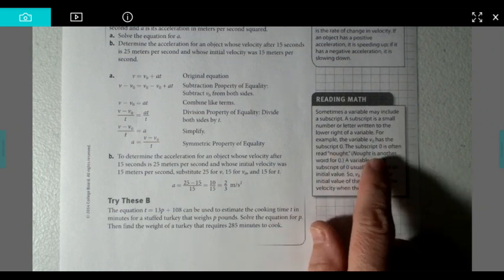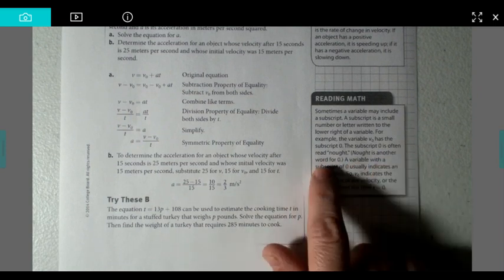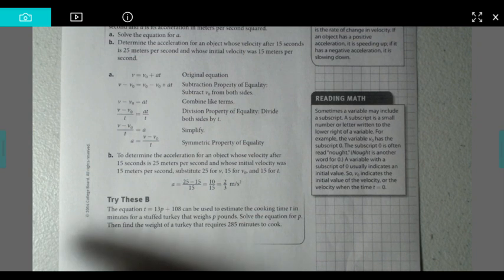The subscript 0 is often read as naught. Naught is another word for 0. A variable with a subscript of 0 usually indicates the initial value. So v sub naught indicates the variable value of the velocity when the time is equal to 0.